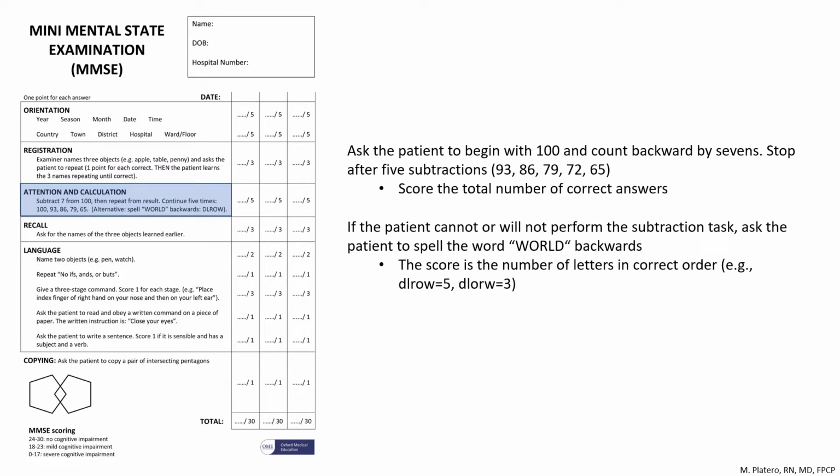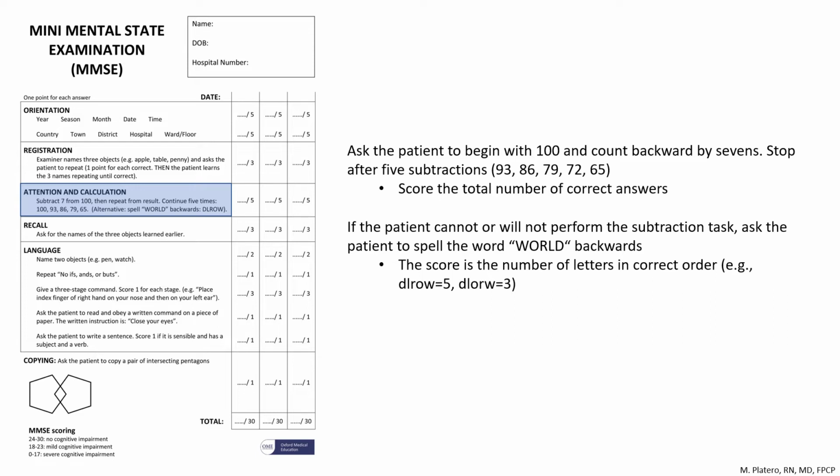For attention and calculation, ask the patient to begin with 100 and count backwards by sevens. Stop after 5 subtractions. Score the total number of correct answers. If the patient cannot or will not perform the subtraction task, ask the patient to spell the word world backwards.